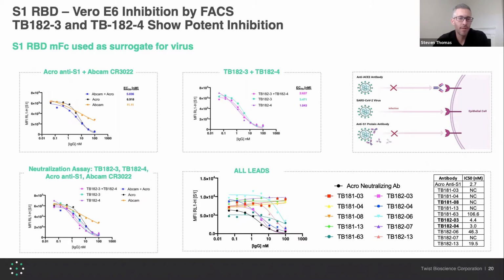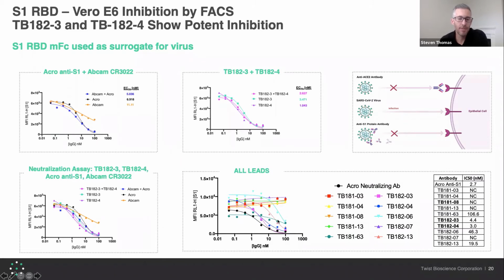And so on the top left corner, you can see we use some control antibodies that were commercially available. So this is Acro and Abcam's S1 antibodies. And then just to the right of that, we're showing data for our top two leads, which have very good EC50s demonstrating potent inhibition, blocking of the virus's ability to access the ACE2 receptor.